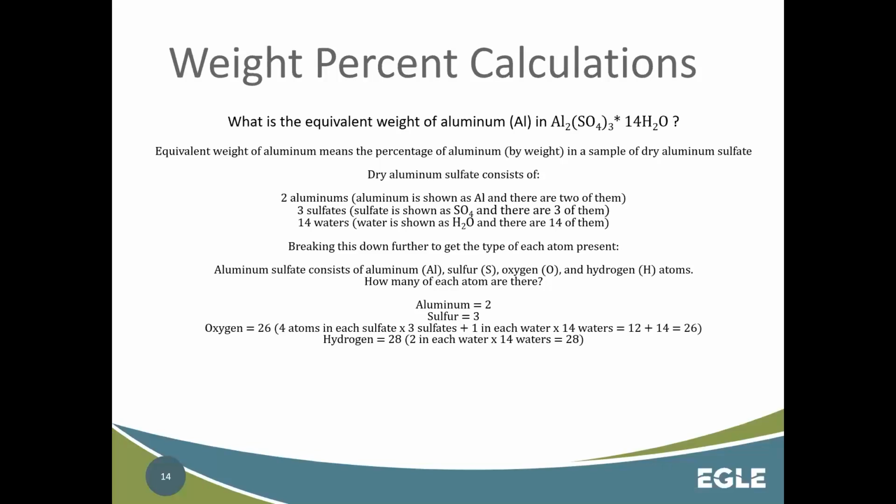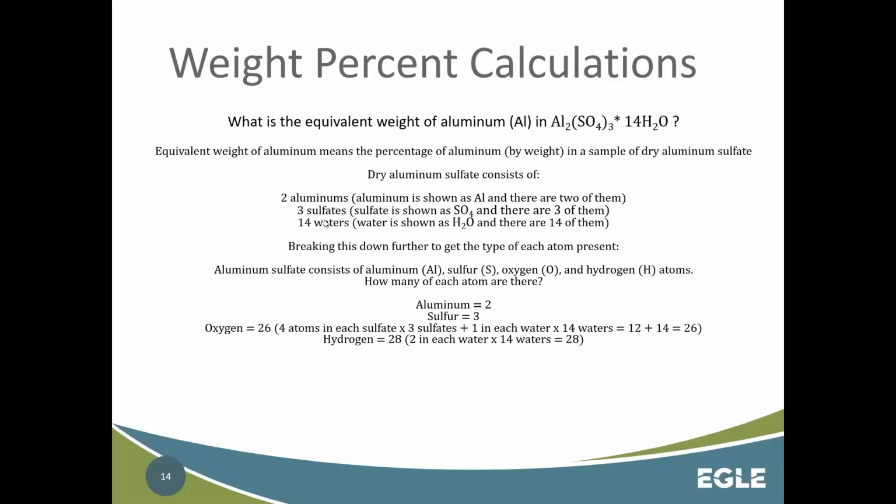The equivalent weight of aluminum means the percentage of aluminum by weight in a sample of dry aluminum sulfate. So, similar to the other problem, we're going to have to first figure out what the weight of each one of the elements in this compound is. So, we still only have two aluminums, Al2.